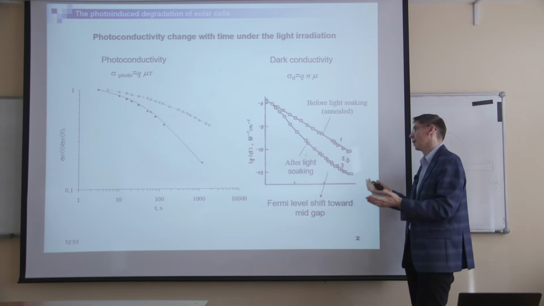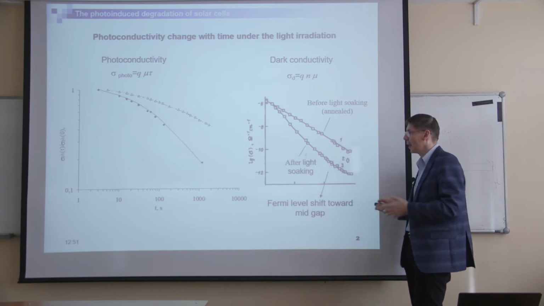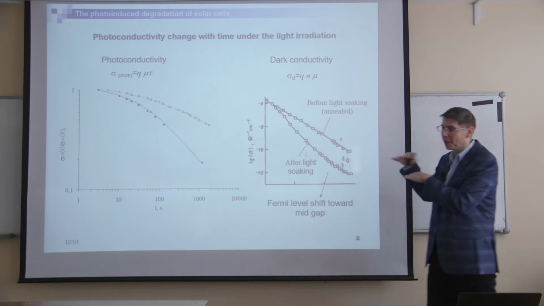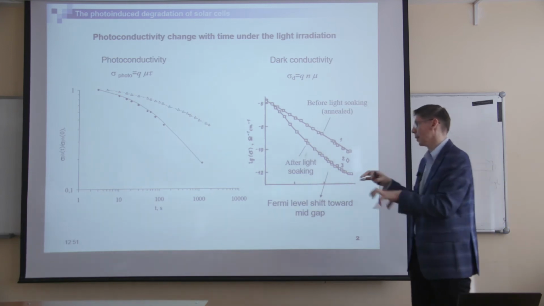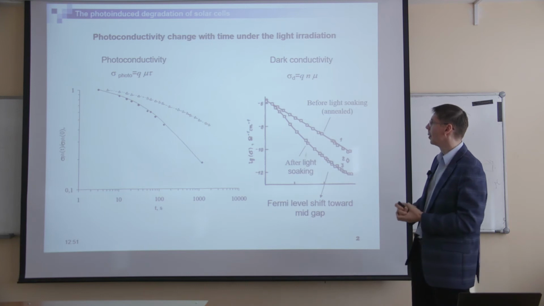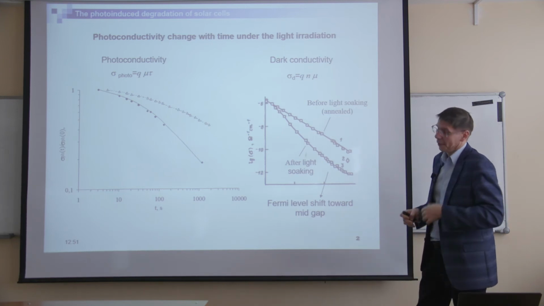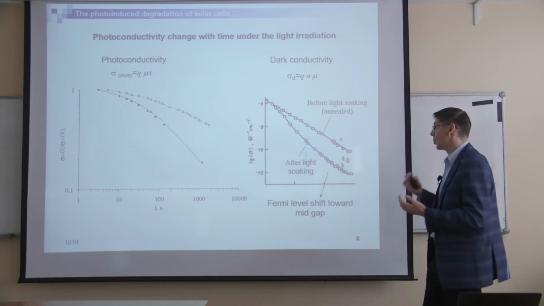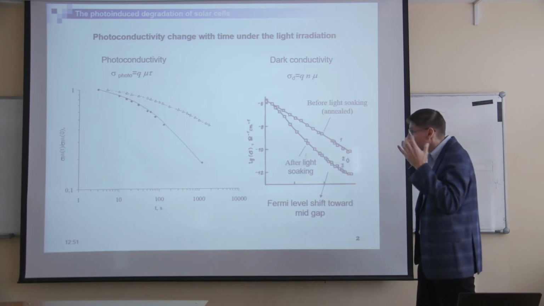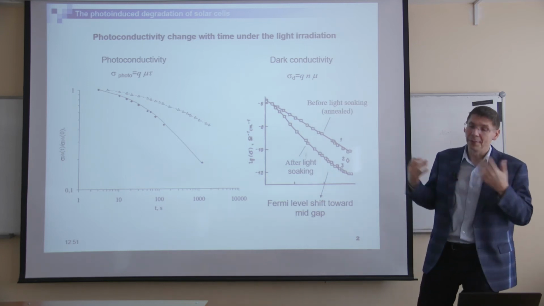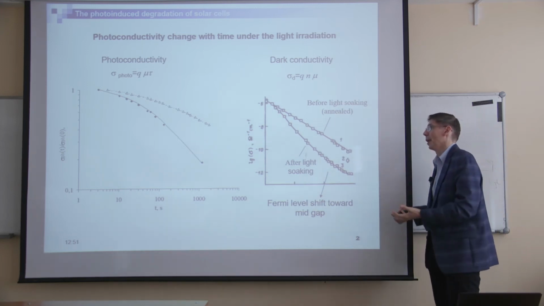So it means actually, if you have a precise look, in this case, it's really in the mid gap. So it corresponds to the pinning of the Fermi level in the mid gap. And it's some kind of another confirmation that we have a higher density of the defects due to the light soaking.